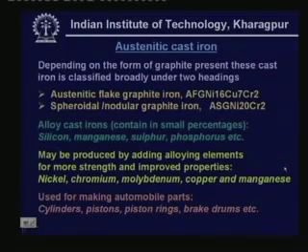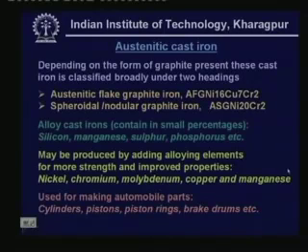These are produced by adding alloying elements for more strength and improved properties: nickel, chromium, molybdenum, copper and manganese. These are the general materials used for improving the strength and other properties like corrosion resistance, hardness, malleability.